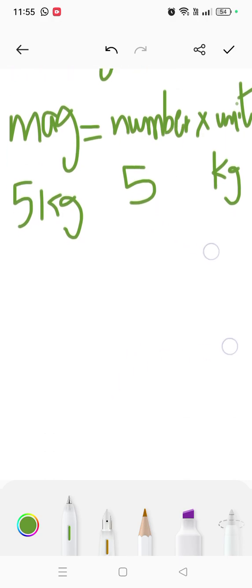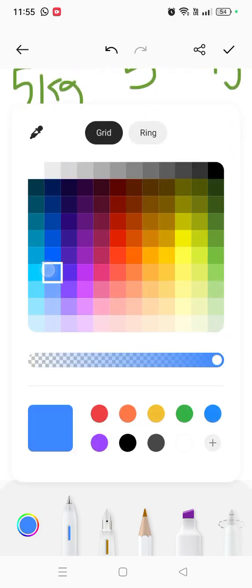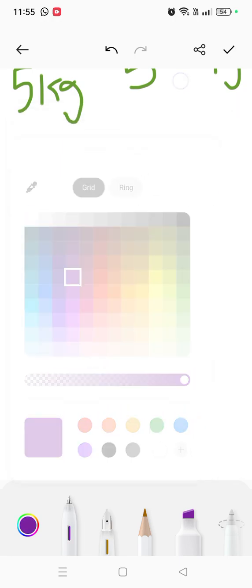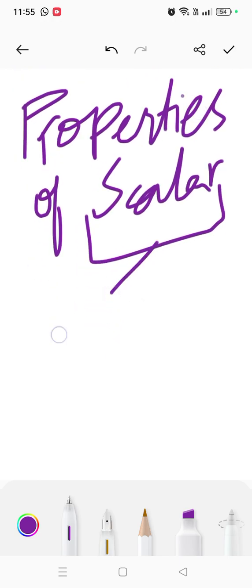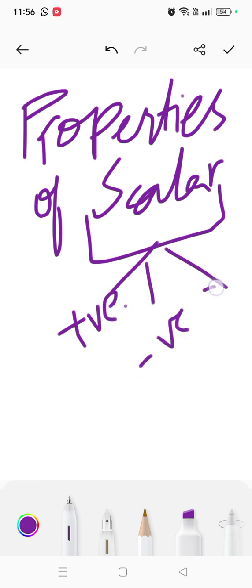And if we talk about properties of a scalar, first thing, scalar quantities can be positive, can be negative, and can be 0 too.